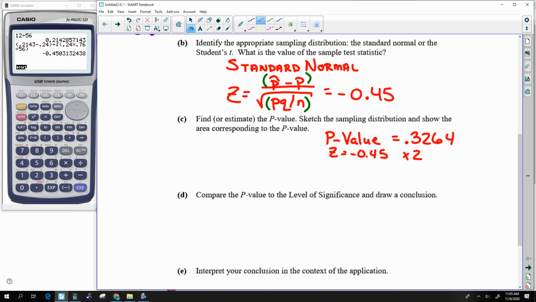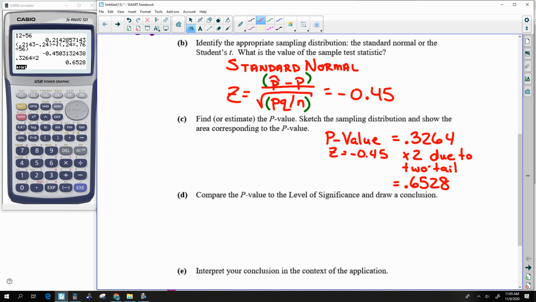But because this is a two-tail and this is a z, we multiply by 2. That is a huge p-value. This is an absolutely do not reject.